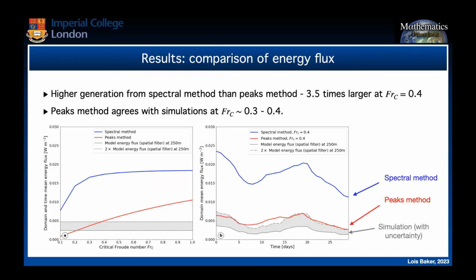You can see they have much higher energy generation from the spectral method than the peaks method. It's around 3.5 times larger at a critical Froude number of 0.4, which is what it's typically estimated to be. But the peaks method does agree quite well with the simulations at a critical Froude number of around 0.3 to 0.4. And then on the right, I'm showing the domain mean energy flux against time. You can see that both parameterizations follow the temporal variability of the flux from the simulations quite well. But again, the spectral method seems to be overestimating it quite a bit.